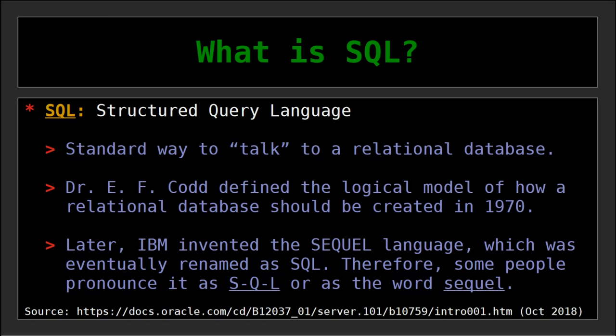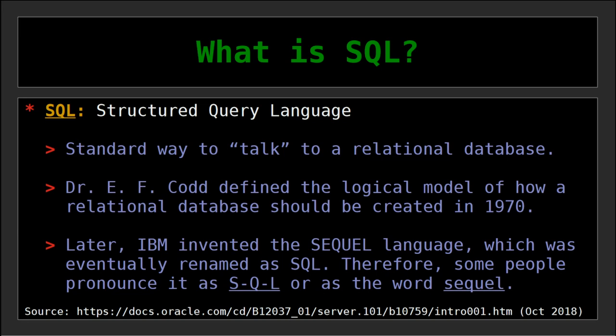And well, it doesn't really matter, because here's the thing. IBM way back in the day, I forget the exact year, it wasn't 1970, it was a little bit later than that, actually created the language called SEQUEL, right? And that's what they wanted to call the language. The problem is they ran into a trademark issue.